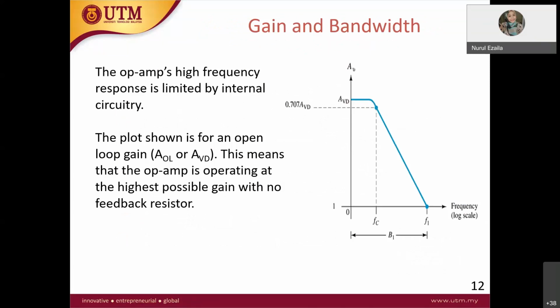Op-amp is widely used because it is stable for high frequency applications. If you have bandwidth previously like this, usually you can use BJT or MOSFET, this kind of amplifier that you have learned, which is stable for low frequency applications.